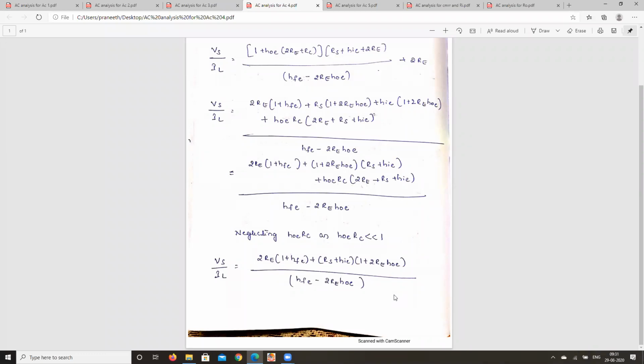Got it, guys? Yes, ma'am. By neglecting HOERC, this entire term will be eliminated because it was being multiplied with this. And if you rewrite the expression, you will get this expression. So note it down.